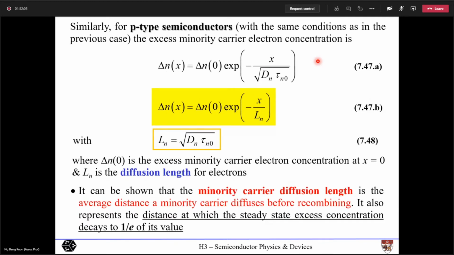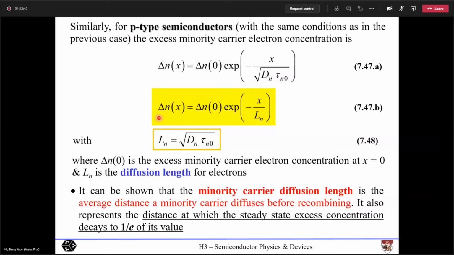All right. So similarly, if you consider the other carrier type, the P type, and you look at the minority electron, and you apply the continuity equation for electrons and run through the analysis, you would similarly derive the excess minority electron concentration as a function of distance into the semiconductor for the steady state case. You find that the form is similar to that of the hole one.